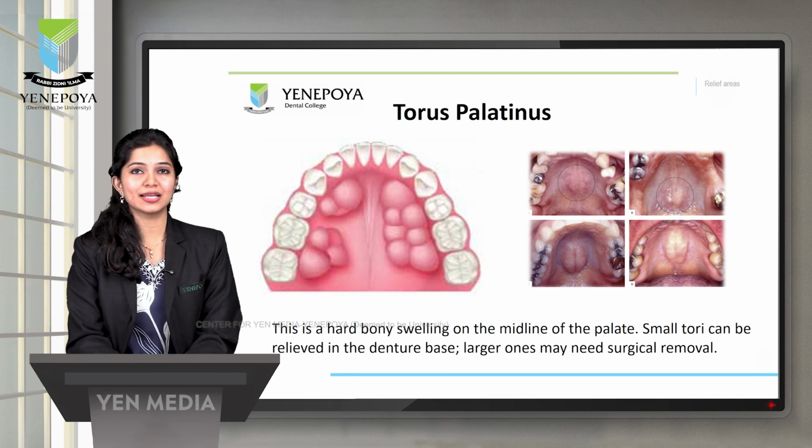It could be in the midline, as you can see in a few clinical pictures there, or a schematic diagram on the left-hand side, where you can see multiple, which is not really seen in a clinical scenario. But those are hard bony swellings which have to be removed if they are larger in size, or if smaller, they could be relieved when you're fabricating a denture.